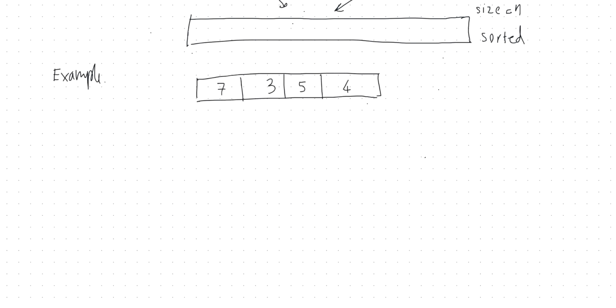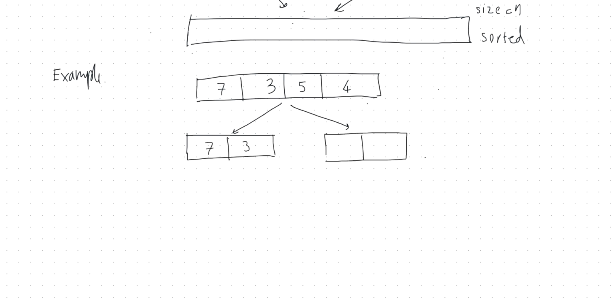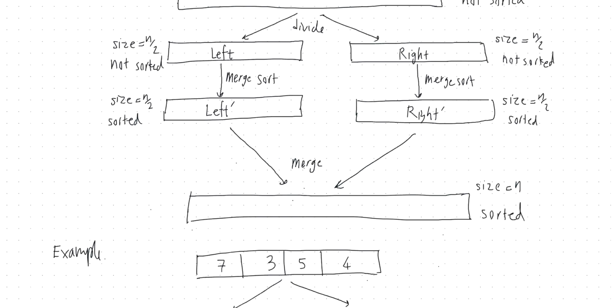So step 1, the first thing that merge sort algorithm does is divide into 2 halves. So the first half will be 7 and 3. The second half will be 5 and 4. Then, if you look at this picture here, after divide, we call merge sort on each half.